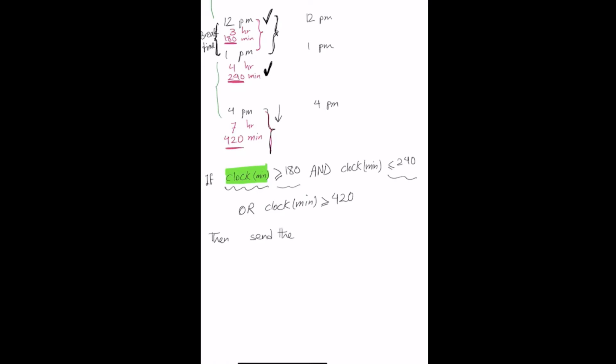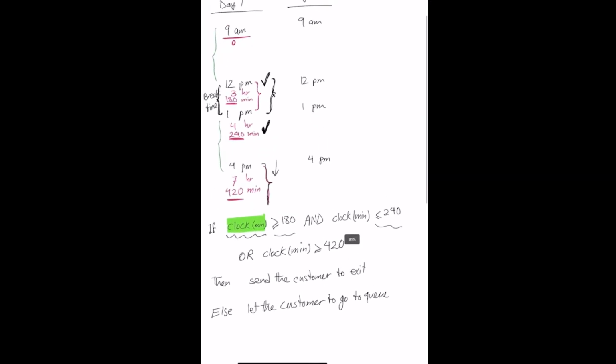Do not let them come to the system. Else, let the customer come to the system. This condition takes care of the situation for us. All I need to do is write it right at the point when the customer is at the entrance. If I'm during the break time, that customer will not come to the system; otherwise, that customer will come.